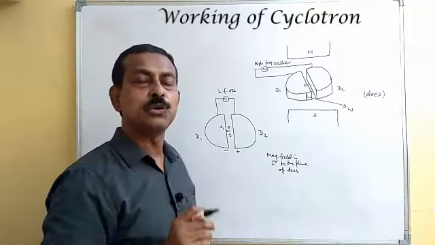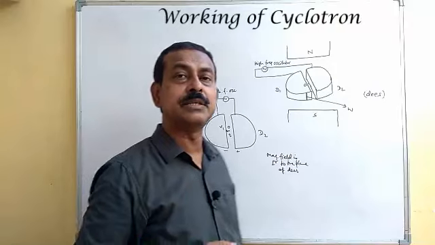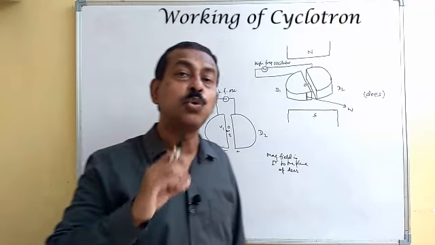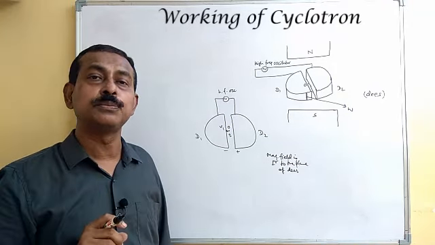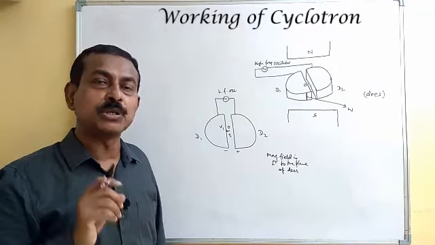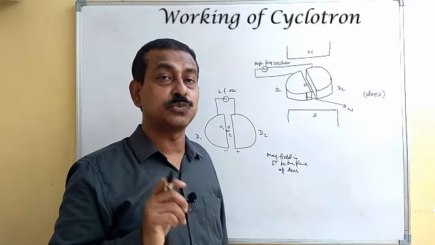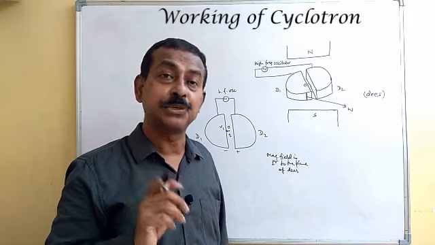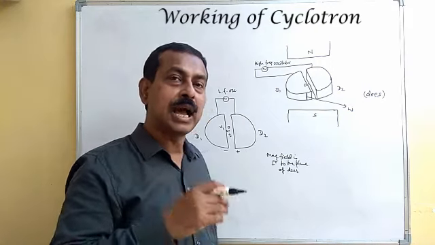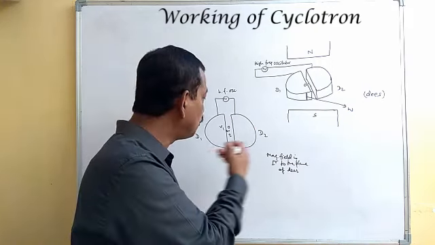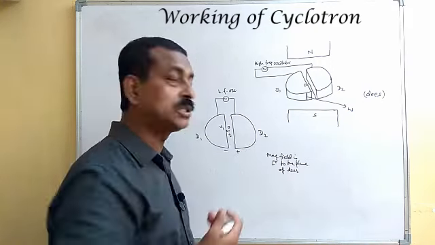The moment it enters inside the D, there will be no effect of electric field now, because electric field inside a hollow conductor is zero. But magnetic field will be acting there. So the charged particle will now experience force due to magnetic field. And as the field and the velocity are mutually perpendicular, it will follow a circular path.